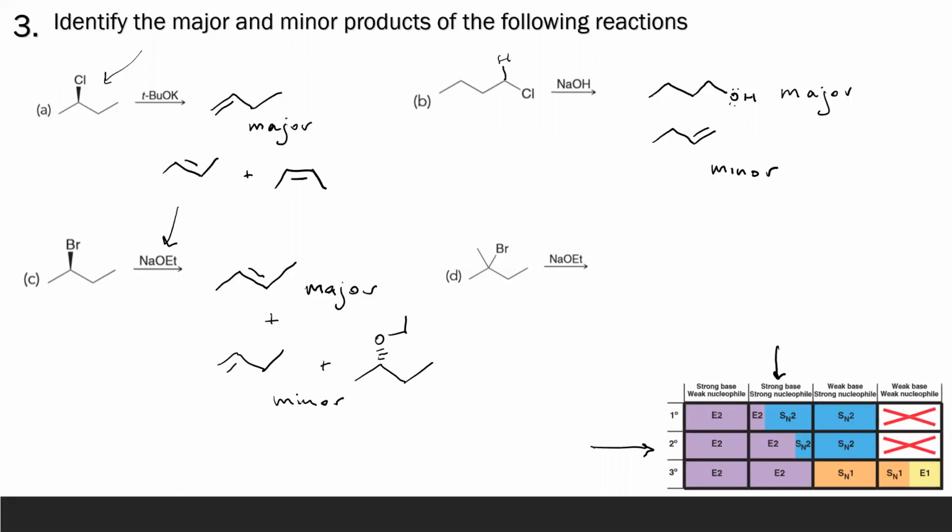Okay, for part D, we've got sodium ethoxide, so strong base, strong nucleophile again, and we've got a tertiary substrate in this case. So according to the chart down here, the E2 product is going to be our sole product. So let's first look for our beta protons.